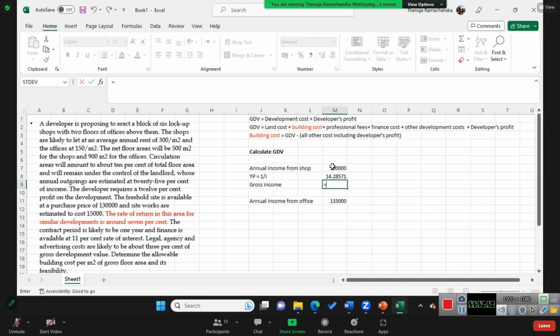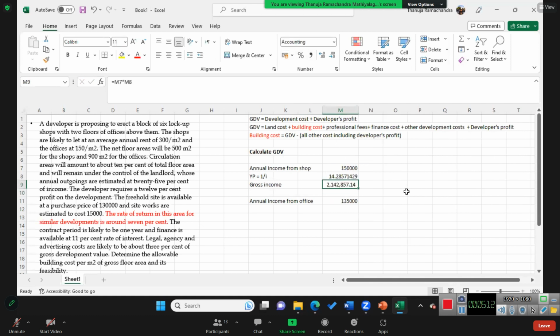So 15,000. So that will be the gross income from the shops. And similarly for this, we can calculate the years purchase as 1/I.